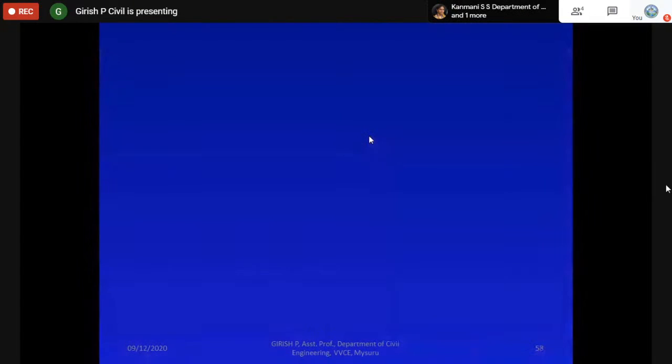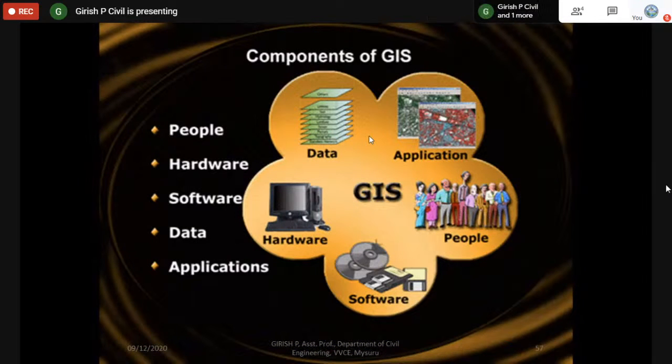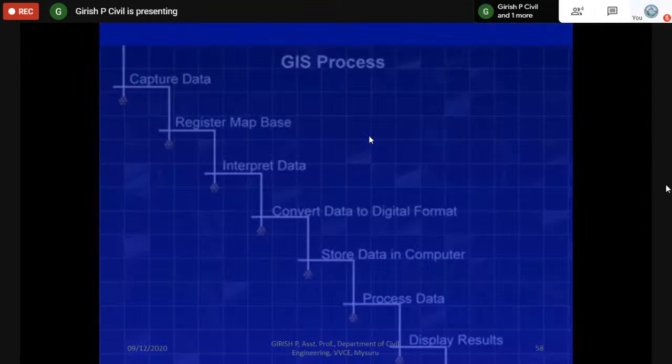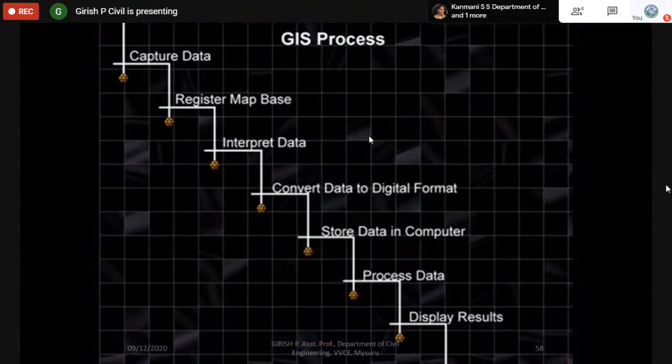The important components of GIS include people, hardware, software, data, and the various processes. The process of GIS includes capturing data, registering the base map, interpretation of data, converting data, then storing data and processing data. Finally, we have displaying data.